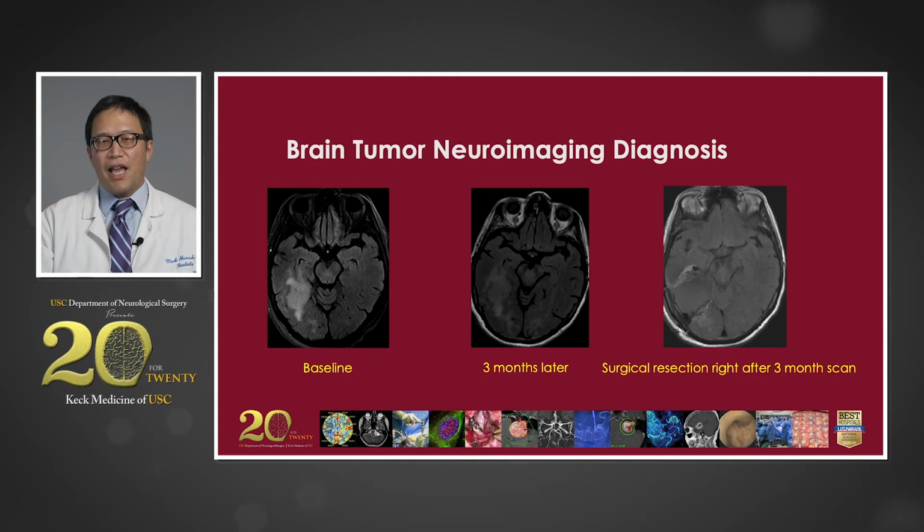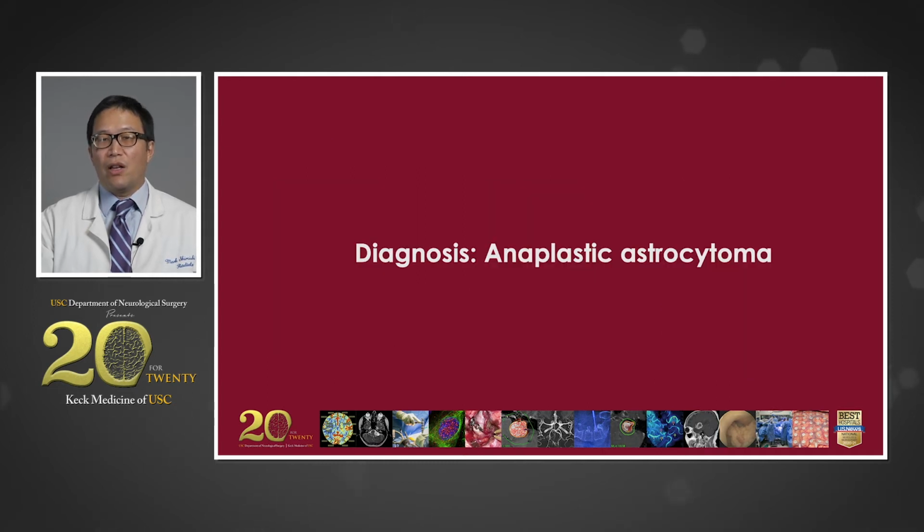You can see there's a big cavity now where the surgical resection was accomplished, and along the anterior and posterior margins you can see some blood products, which you often see after surgery. Unfortunately, the diagnosis was not a low-grade glioma, and it was an anaplastic astrocytoma, which is a grade 3 astrocytoma, and so this is a high-grade glioma.